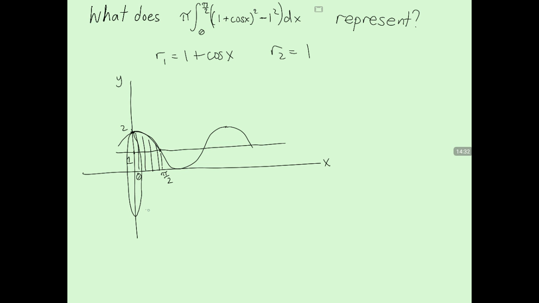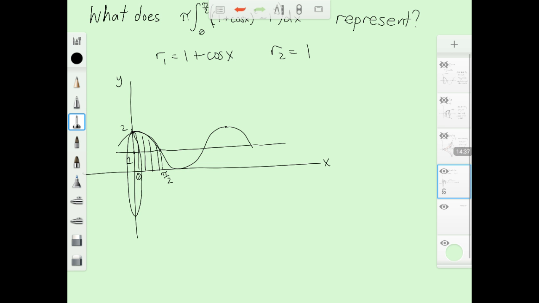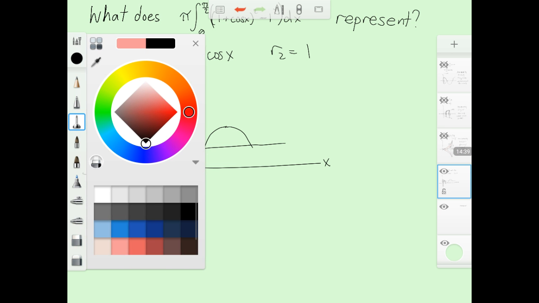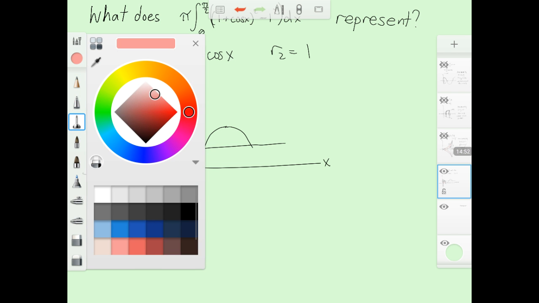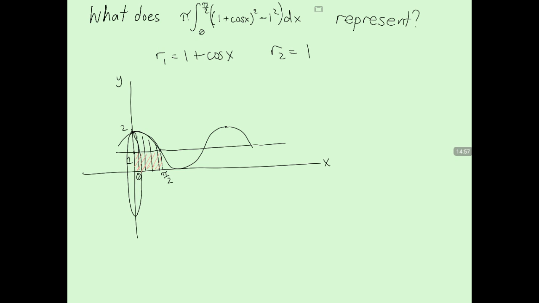And we're going to take that volume, and we're going to subtract the things that are under 1. So we're going to use a different color to represent that. So we're going to subtract this area under 1 from 0 to pi over 2. So essentially, all we get is this blue area, which is this.